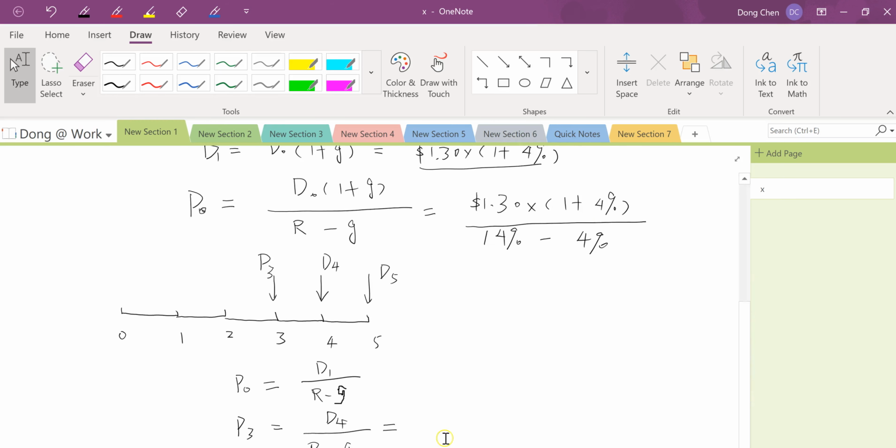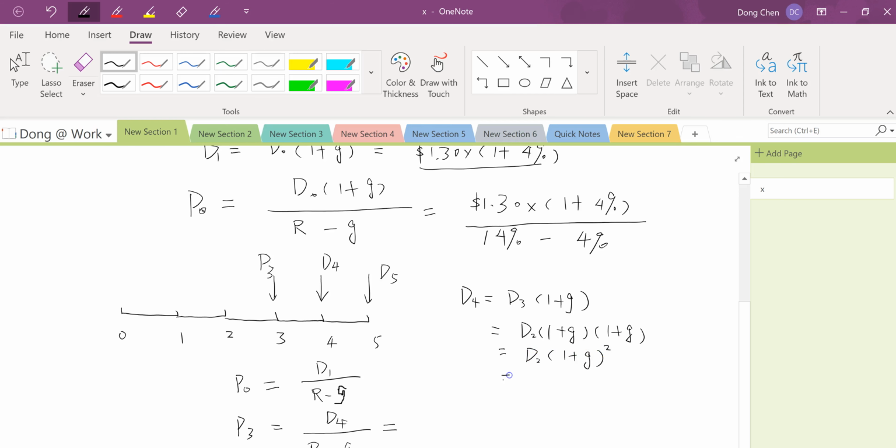Let me write down here, D4 equals D3 times 1 plus G. And because D3 further equals D2 times 1 plus G, and then 1 plus G. So this gives me D2 times 1 plus G squared.